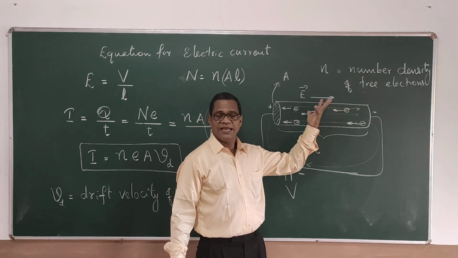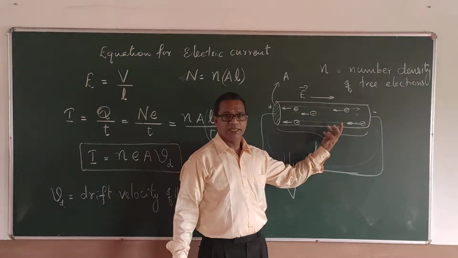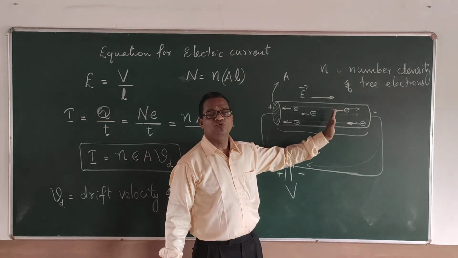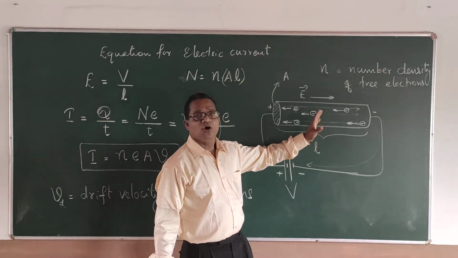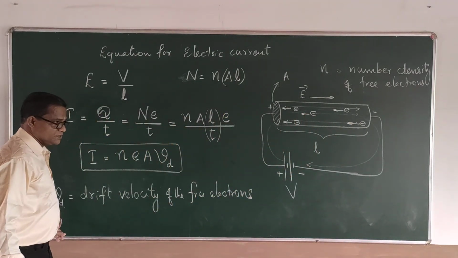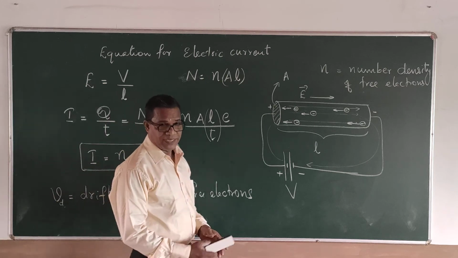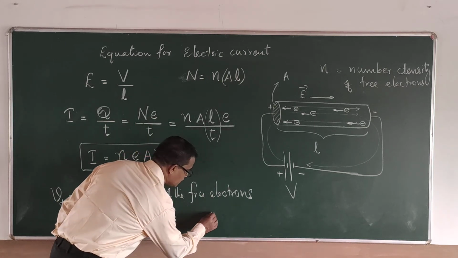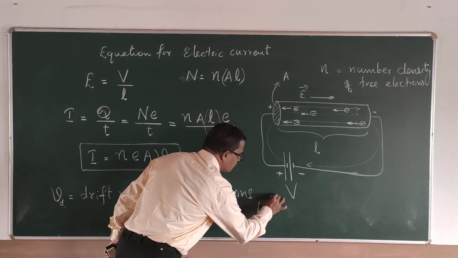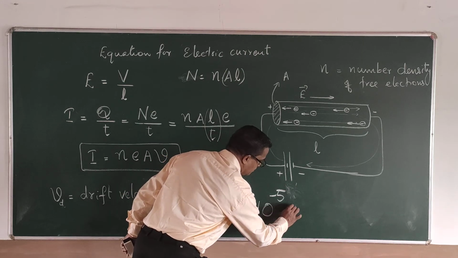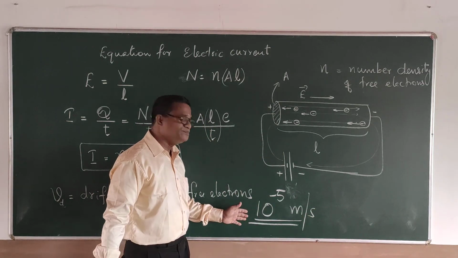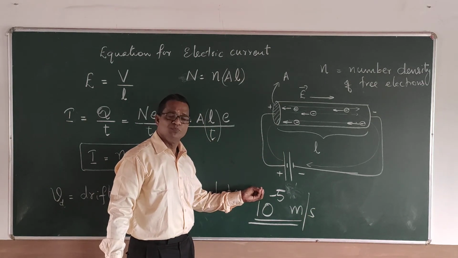The field will be accelerating them, but they cannot accelerate due to the multiple collisions. Therefore, they are all forced to move with a steady or average speed, and that speed is called drift velocity. In the case of a metallic conductor, the drift velocity is of the order of 10 raised to minus 5 meter per second. It is an approximate value. It is a very, very small value.